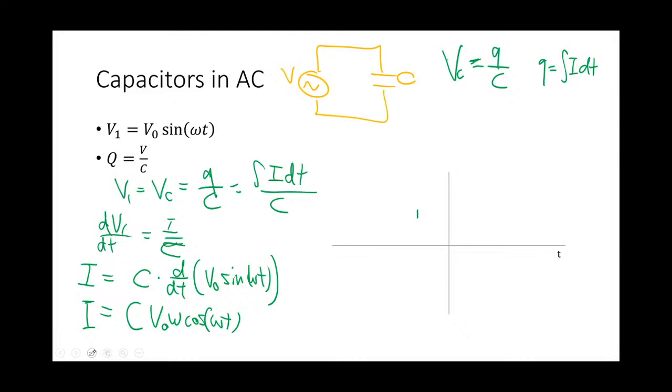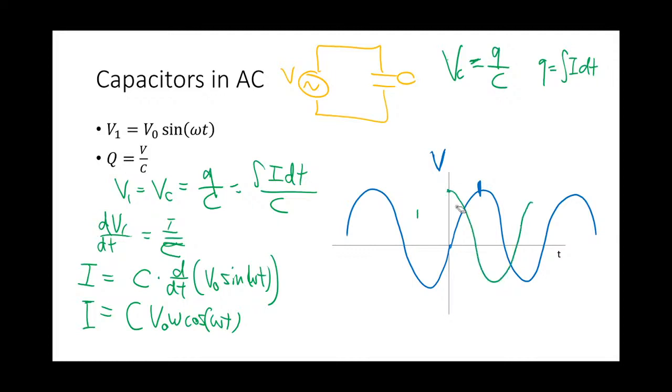And so what you end up with, given your voltage is a sine function like that, with the peak at pi over 2, is that your current is a positive cosine function, with the peak over here at 0. So that's your I.